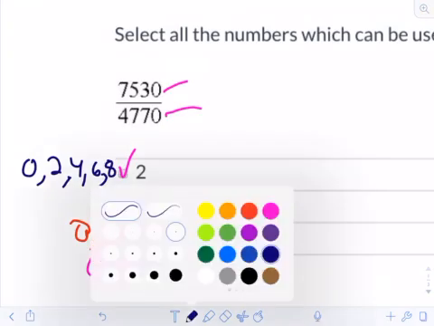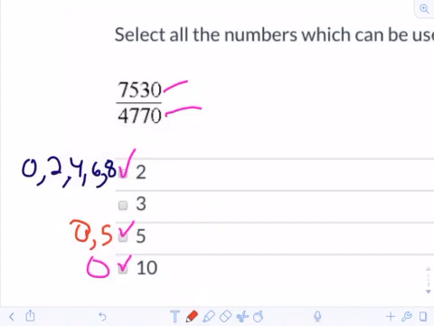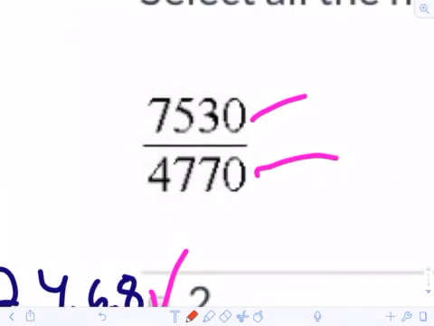Now let's check out 3s. So for 3s, I do 7 plus 5, and I know 5 plus 5 is 10, and 7 is 2 more than 5, so that'd be 12, plus 3 is 15, plus 0 is still 15.